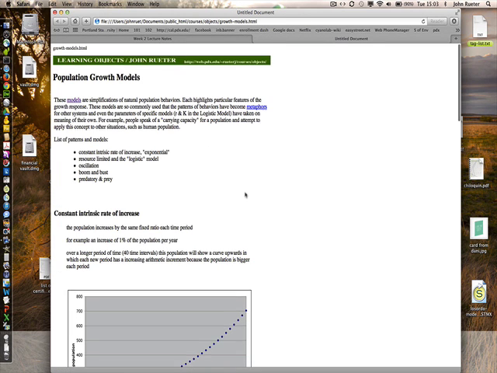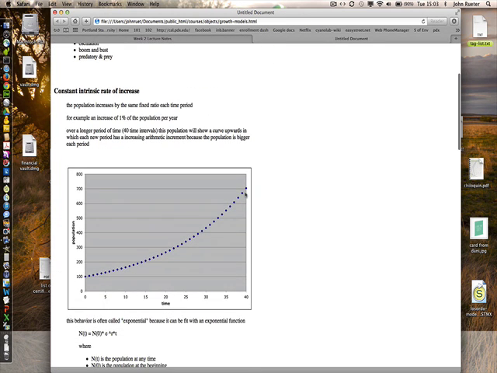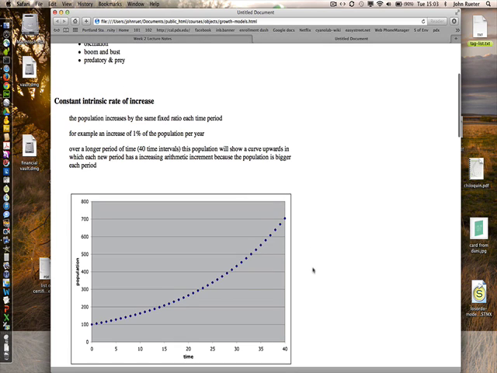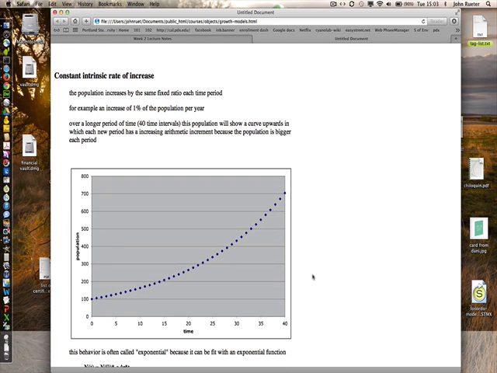But looking at these population growth models, I explain this in more detail in the little video called the Excel simulation, about how with a constant rate of increase, where you just have the same growth rate per unit time per population, after time the curve will get steeper and steeper, and that's because of sort of the compounding.